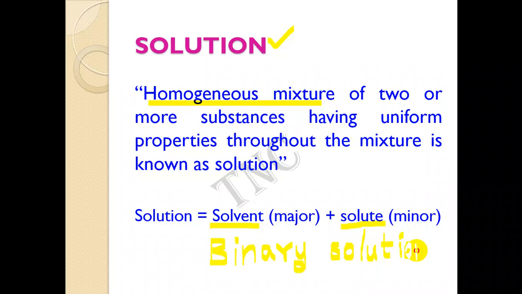During our discussion, we use the number 1 for representing solvent and the number 2 for representing solute, or we may use uppercase A for mentioning solvent and uppercase B for mentioning solute, right? So slowly let's move to classification of solution.